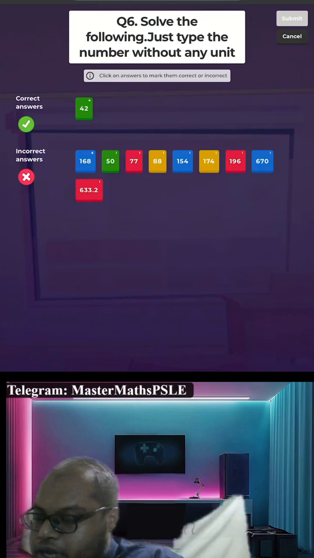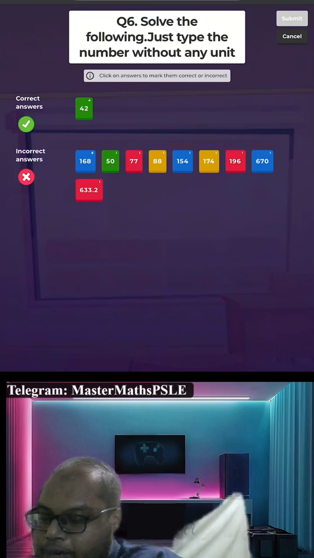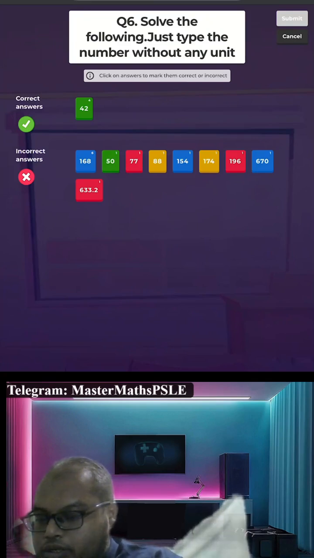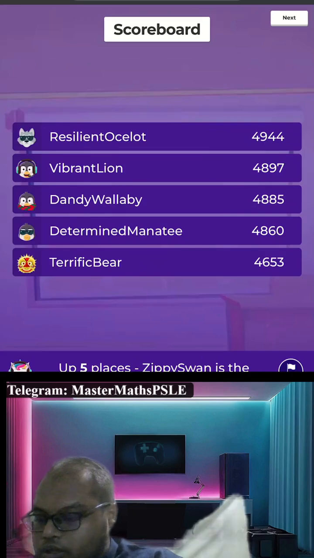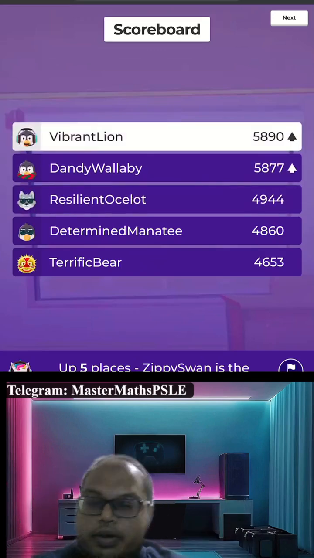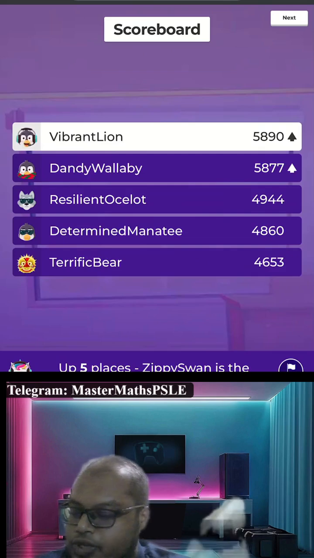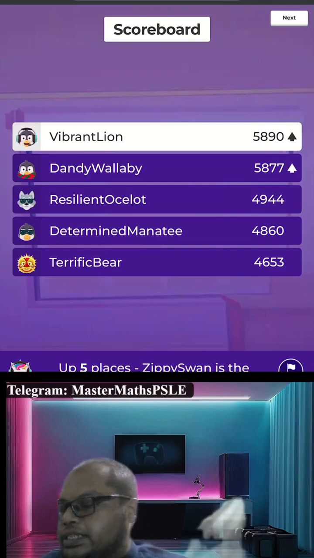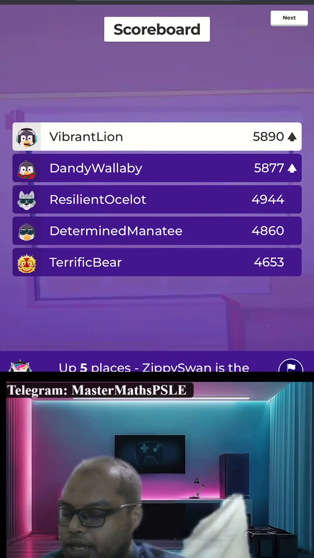Anyone else put anything that is resembling 42? Nope. Okay. Submit. Oh no! Resilient Ocelot dropped to 3rd place. Now we got the Vibrant Lion, 1st place, with a few points behind is the Dandy Wallaby.